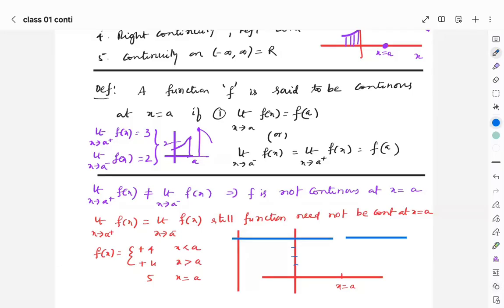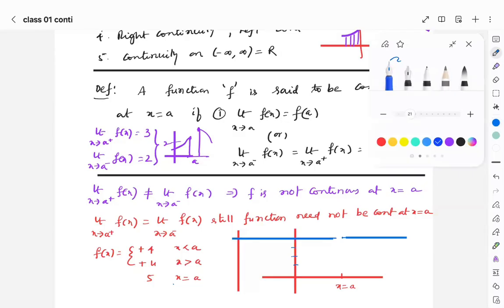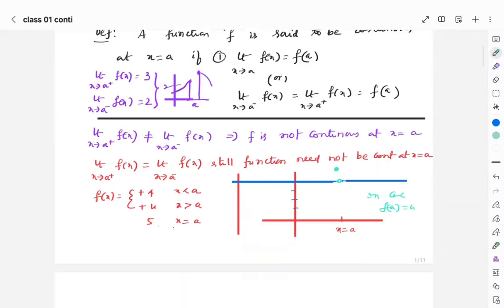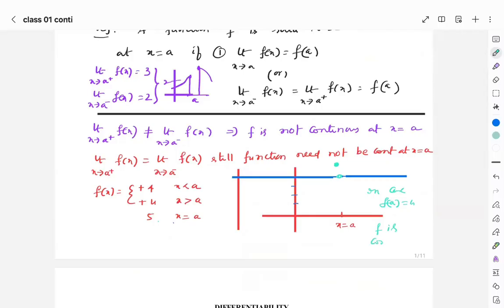Right? Left limit and right limit are the same. But still there is a gap at x equal to a. He defined it as, how much? 5. So there is a gap. Even if the left and right limits are equal, the function need not be continuous. In case the functional value is also 4, then there won't be any gap. We say f is continuous.